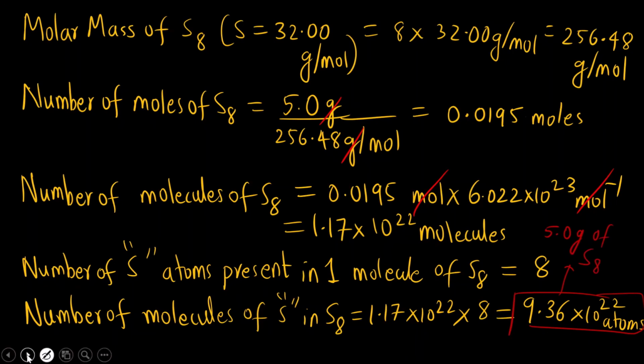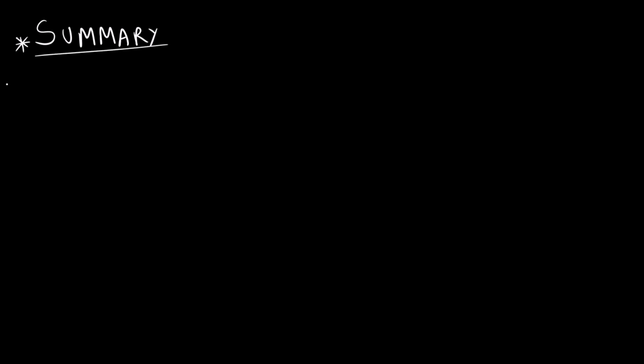So let us now, at the end, summarize all the 3 important formulas that we have studied in this video. The first formula that we saw was for number of moles.